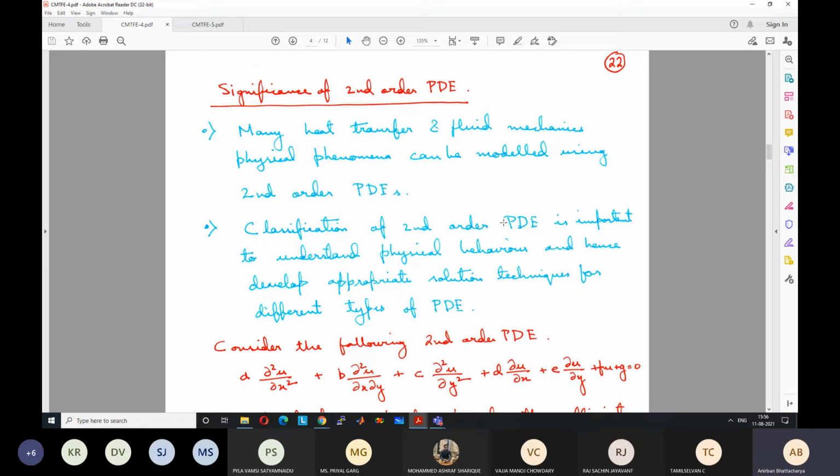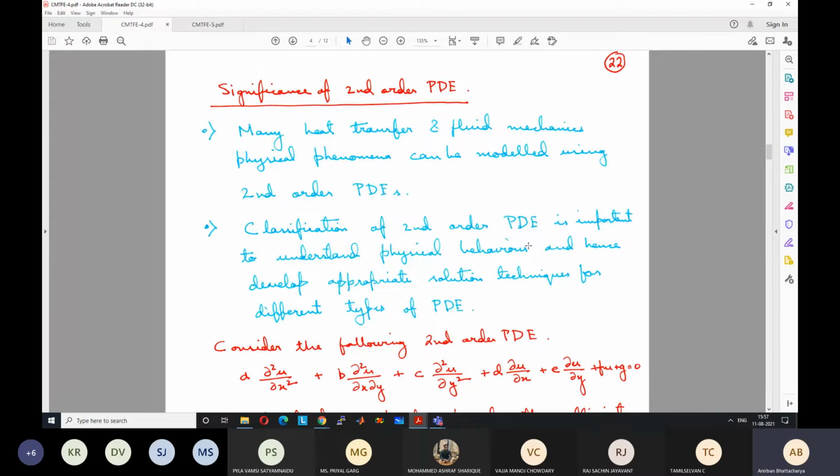So classification of second order PDEs becomes very important because we want to understand this physical behavior, and we know that the physical behavior depends on the nature of the PDE. For all these different types of fluid flow and heat transfer problems, we want to understand the physical behavior, and based on that understanding, we want to develop our numerical algorithms.